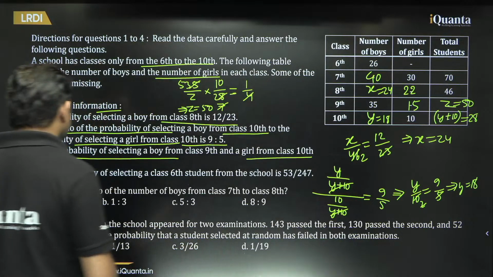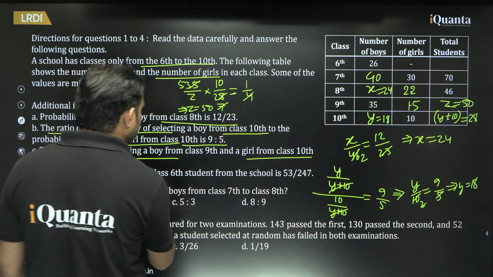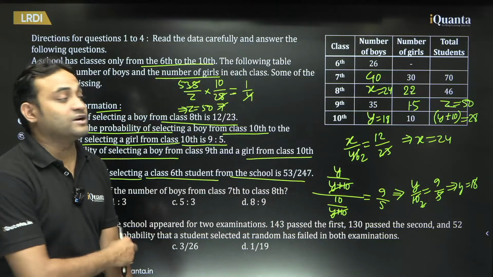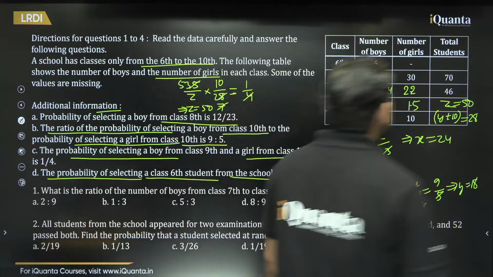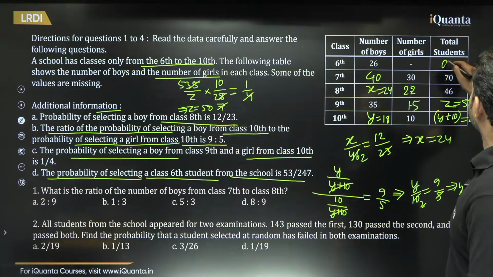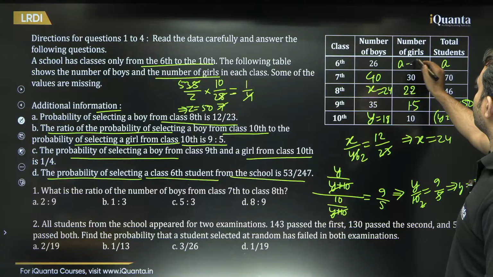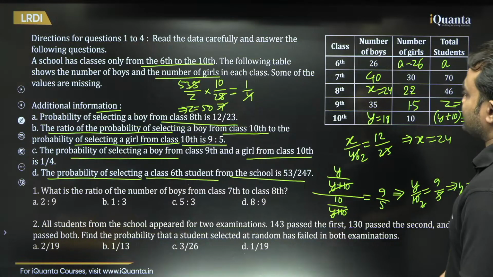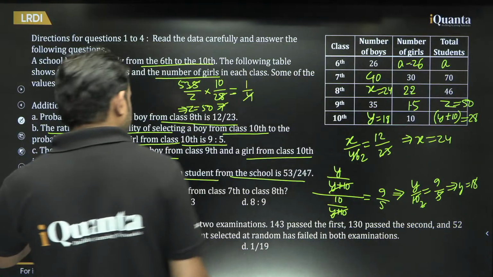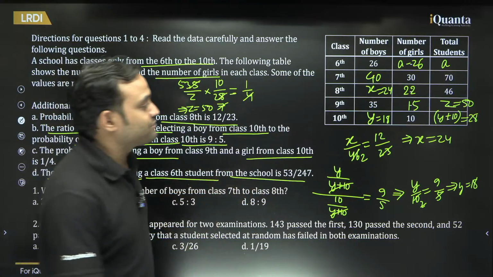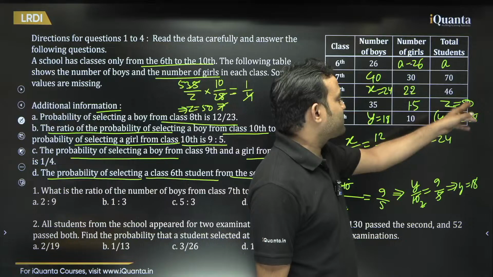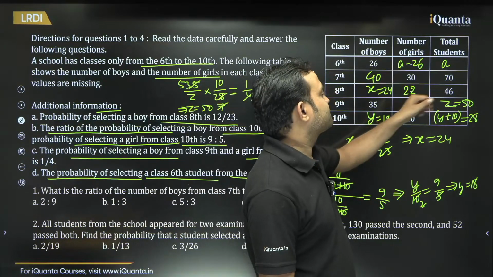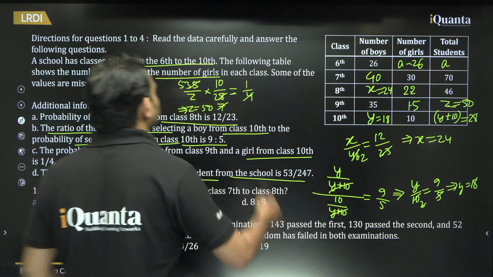है ना? The D point says the probability of selecting a class 6th student from the school is 53 by 247. So, if I say this value is A, this value must be A minus 26. What is the sum of all of these? Can I say according to point D, total number of students 28 plus 50, 78 plus 70, 148 plus 46, 194.